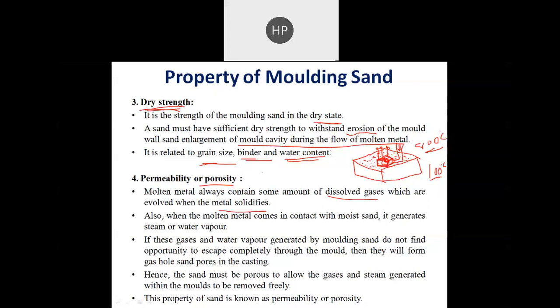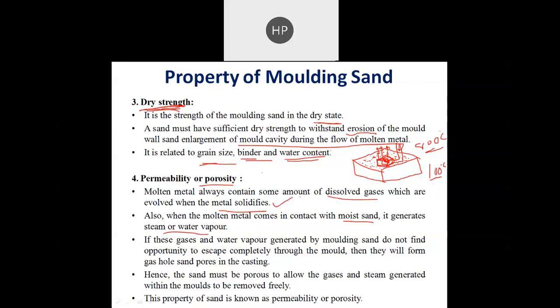When it is in liquid form it dissolves some gases, but in the hollow cavity it will solidify, and when it solidifies, the dissolved gases are evolved, meaning they will come out. So this is one reason. Second, when the molten metal comes in contact with the moisture of the sand, it generates steam or vapor, as we saw in the case of dry strength. So there are two reasons to generate gas.